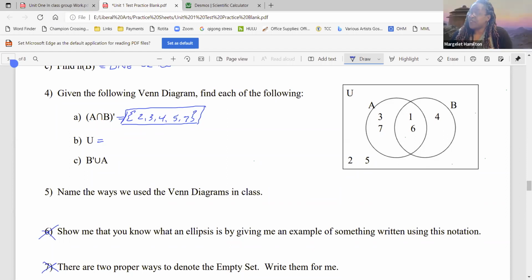Good. Remember, everything is in the universal set. Your universal set is everything.